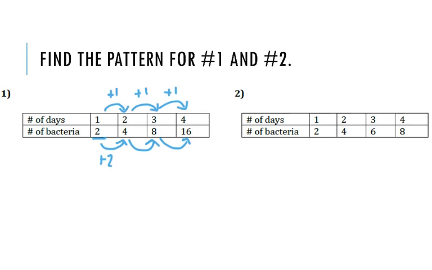So we've got to rethink what's happening. Addition's not going to work, subtraction's not going to work, so what if we multiply 2 by 2? That gives us 4. 4 times 2 would be 8, and 8 times 2 would be 16, which means the number of bacteria doubles each day.